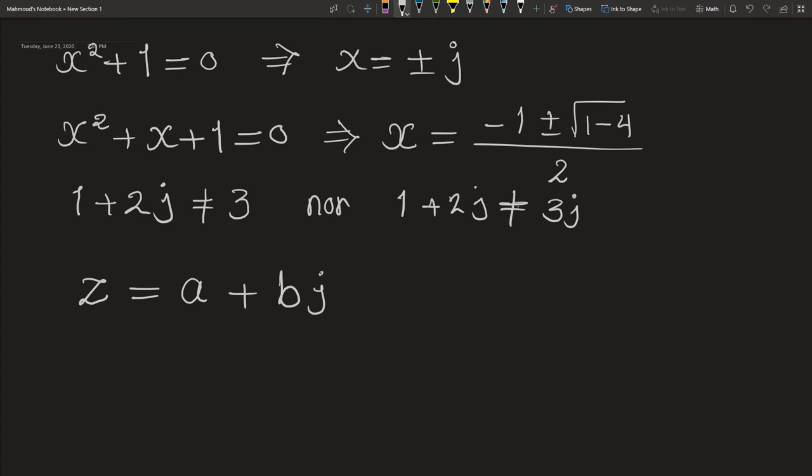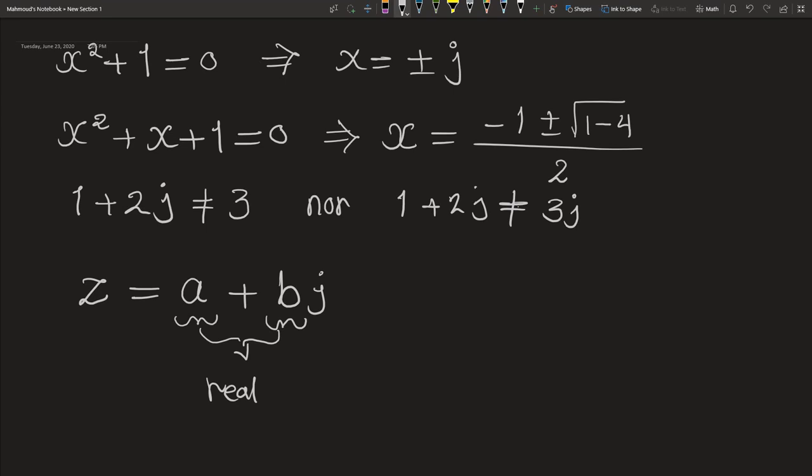Here, a and b are both real. All complex numbers can be written in this form as the sum of a real number and an imaginary number.